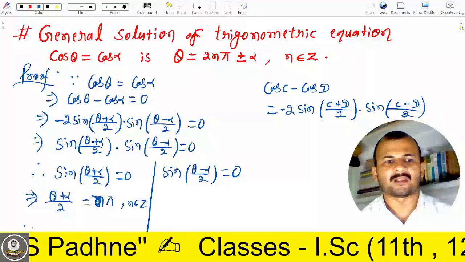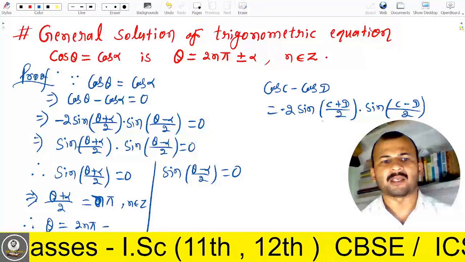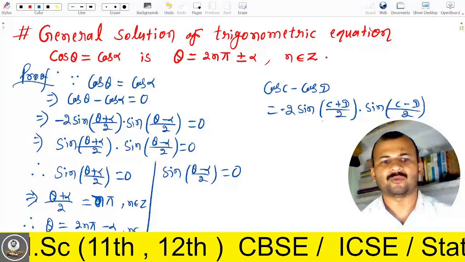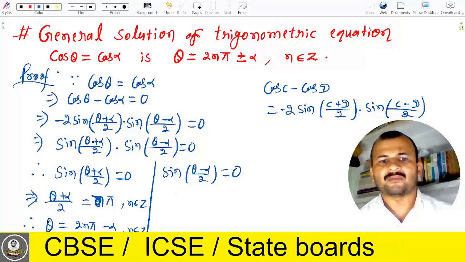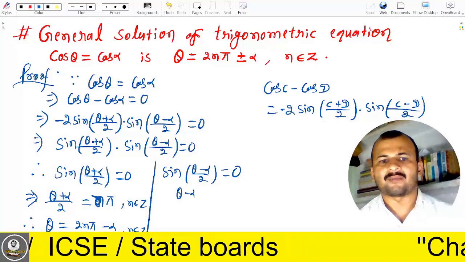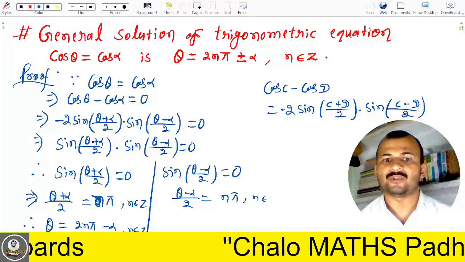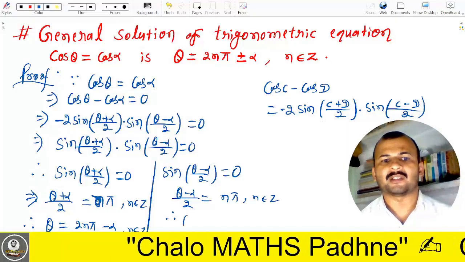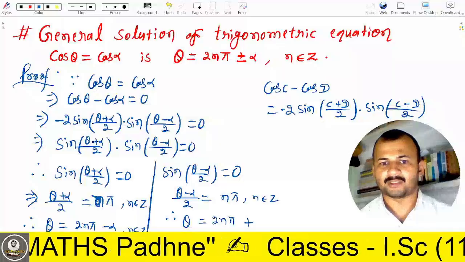Therefore theta equals 2n pi minus alpha, where n belongs to Z. Now from the other equation we get (theta minus alpha) by 2 equals n pi, where n belongs to Z, and thus theta equals 2n pi plus alpha, where n belongs to Z.